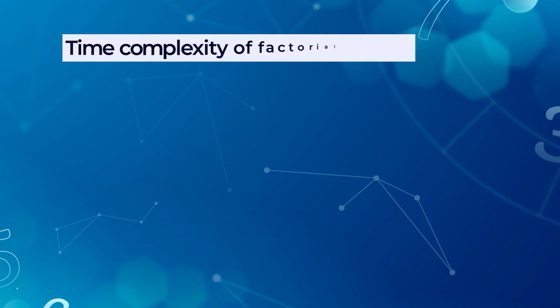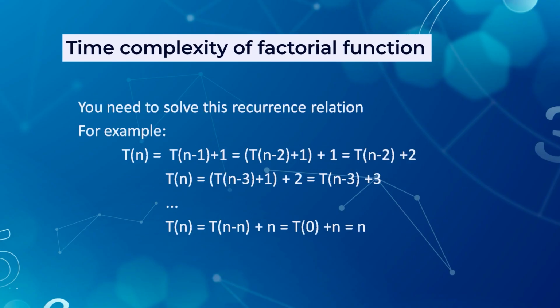Now, in order to get the complexity in terms of n, we need to solve this recurrence relation. Then we will be able to get the actual value of the time complexity. So, how do you solve this particular recurrence relation? It is a very simple recurrence relation, and it can easily be solved with the help of iterative processing.